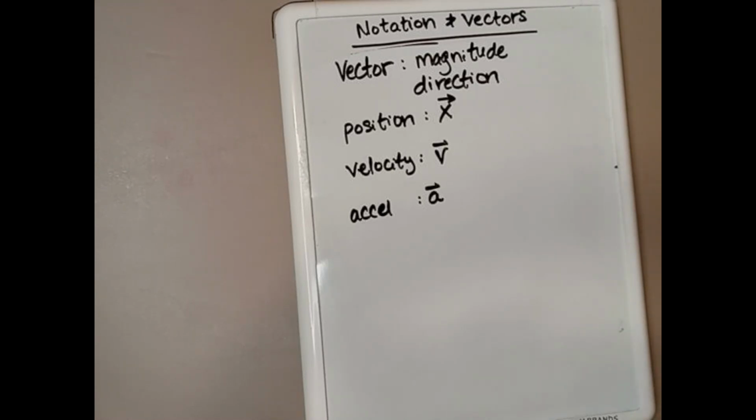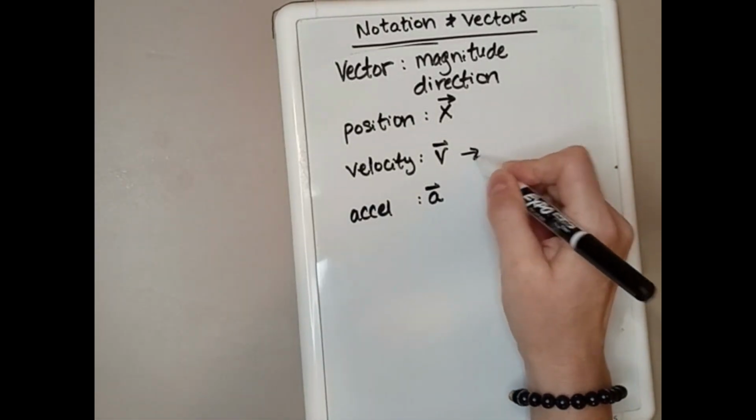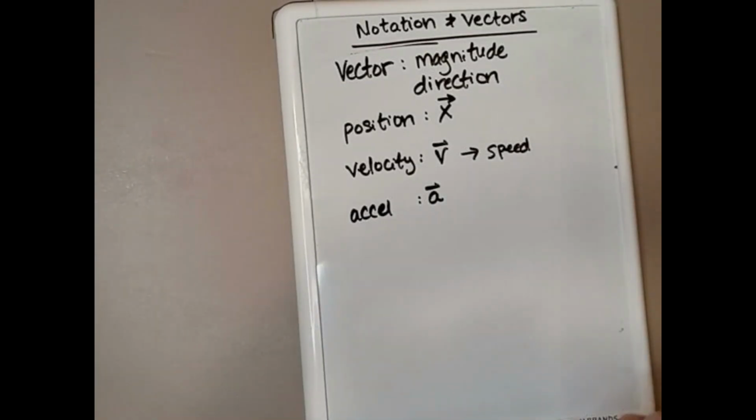So this brings up the point that when we're talking about something like 60 miles per hour, it's really just a speed. And so speed is actually the magnitude of velocity.